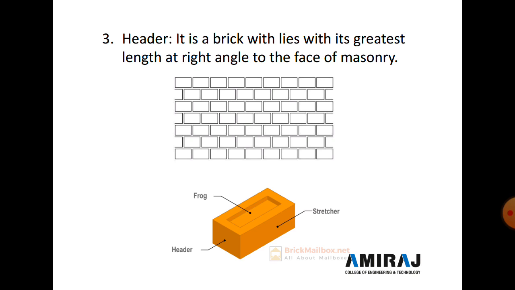One frog is provided for bonding of the masonry work. A header is the brick which lies with its greatest length at a right angle to the face of the masonry. In other words, all the header parts of the bricks arranged at the face of the wall are called headers.